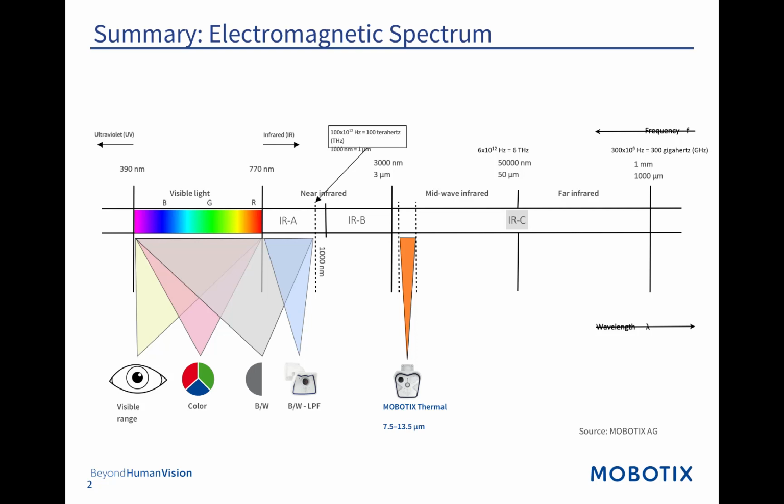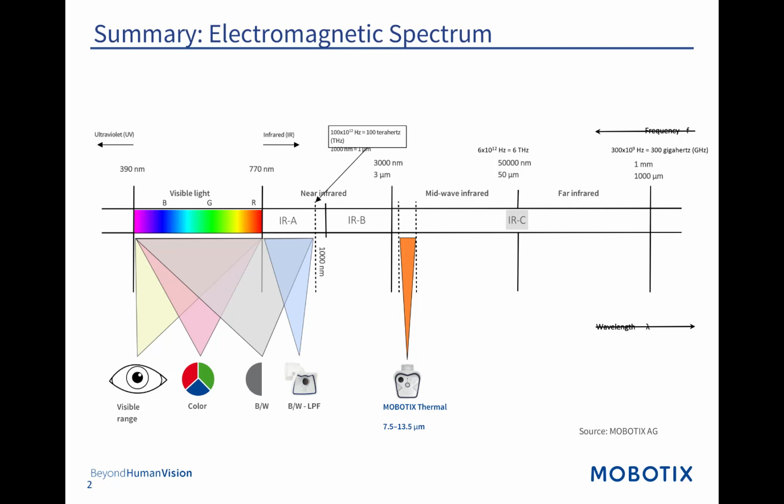This is the visible range where we have the colors. Then we have the near-infrared range, which goes up to 1000 nanometers.